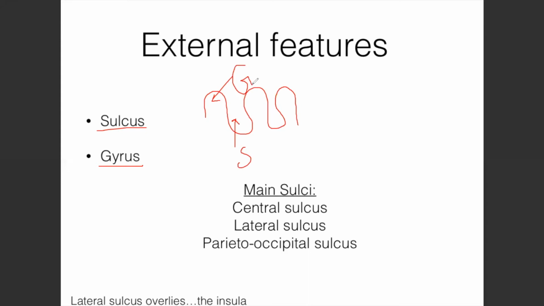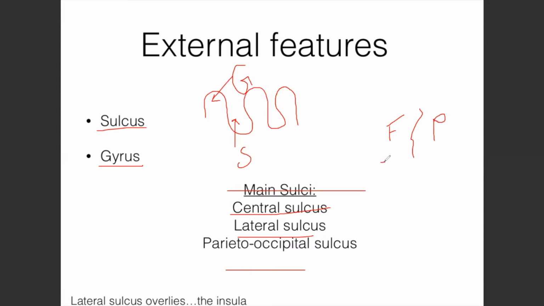So the sulci, their function is basically to divide between the gyri, and we use them to divide between the lobes of the brain itself. We have a few main sulci that are very important that you should know: the central sulcus, the lateral sulcus, and the parieto-occipital sulcus. The central sulcus runs centrally, and it divides between the frontal lobe and the parietal lobe.